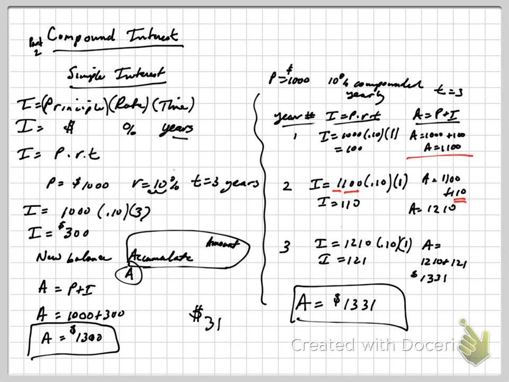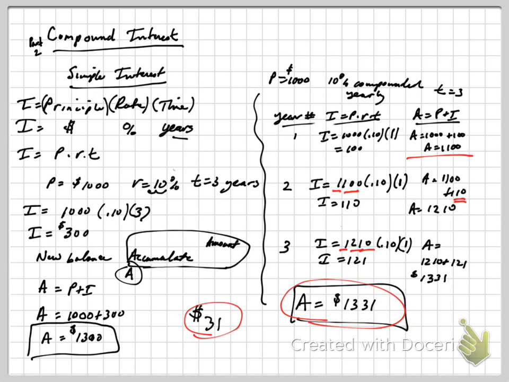And then in year number 3, you're going to earn interest on the $1,000 plus the extra $210, and that's going to give you an extra $121. So you end up with this new amount right here that's going to be $31 difference by the time you calculate it.